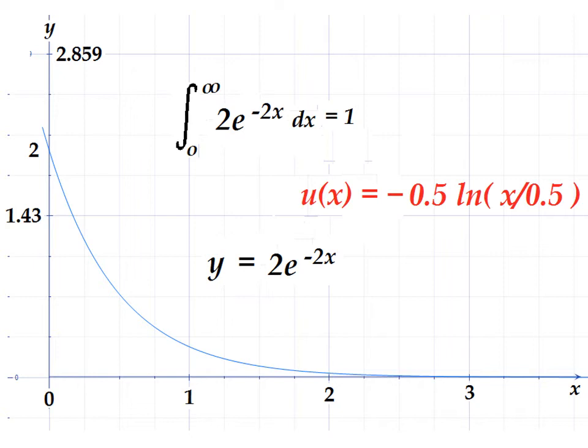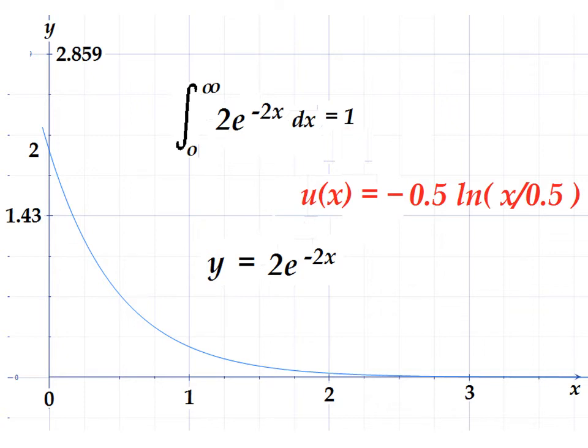You can check to see that 2 times e to the negative 2x does indeed fit the criteria of a probability density function by taking the integral from 0 to infinity of the function times dx and see that it does equal 1.